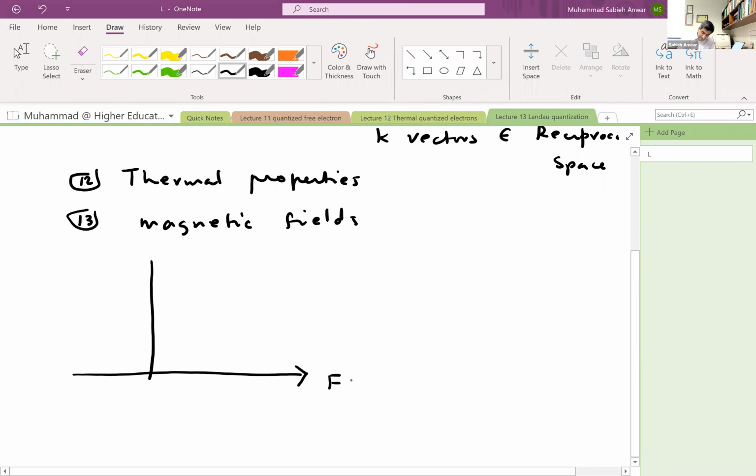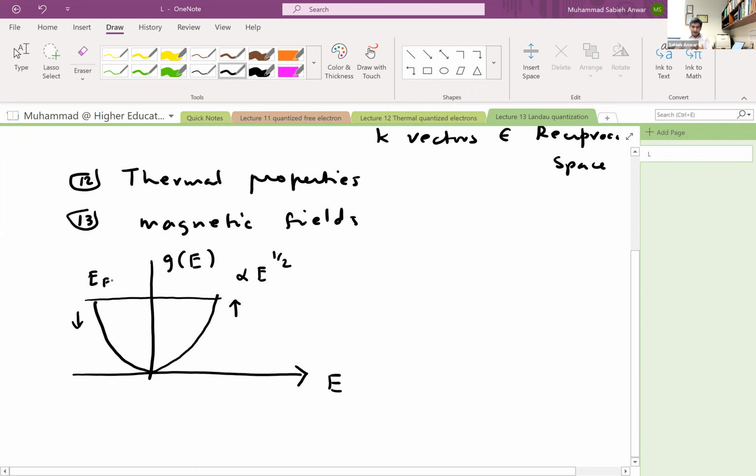So if I have energy here and the density of states on the vertical axis, I can draw a density proportional to the square root of energy for the spin up electrons, and likewise for the spin down electrons. And both of these spin split bands are filled up to the Fermi energy at 0 kelvins.